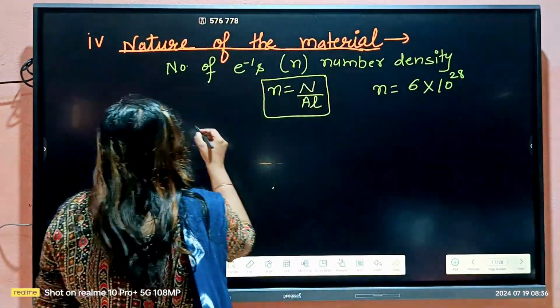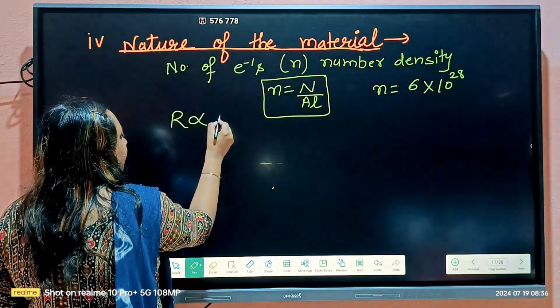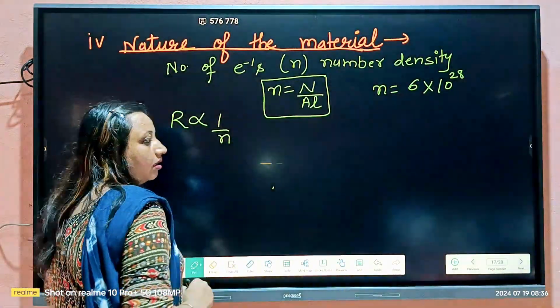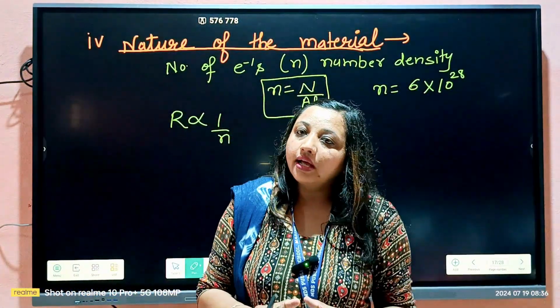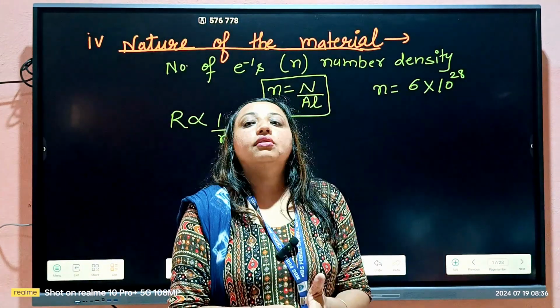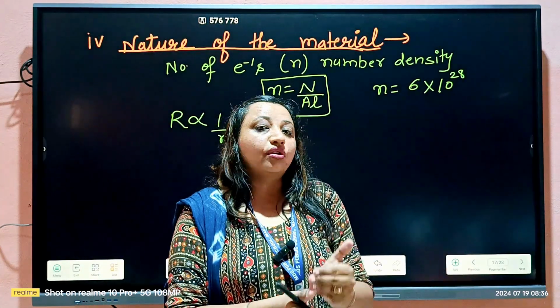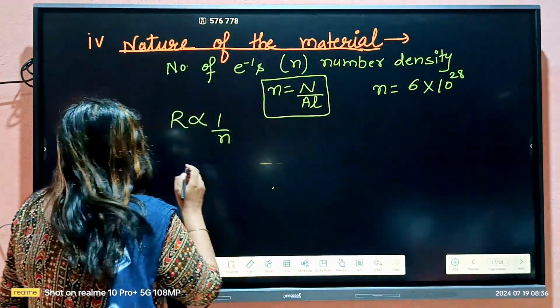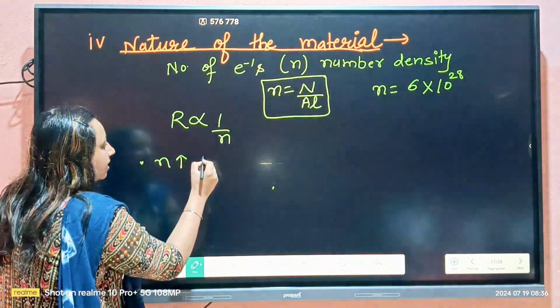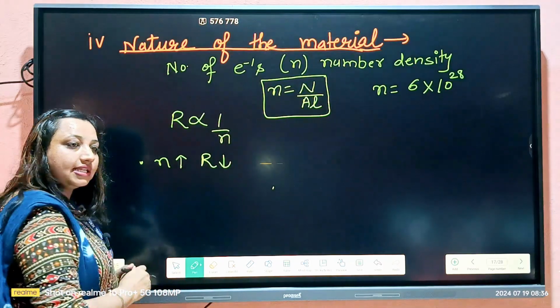So R shows the inverse relation with the n, right? So a material having a large number of electrons, or large electron density, if in a particular material n is greater, the resistance is less.